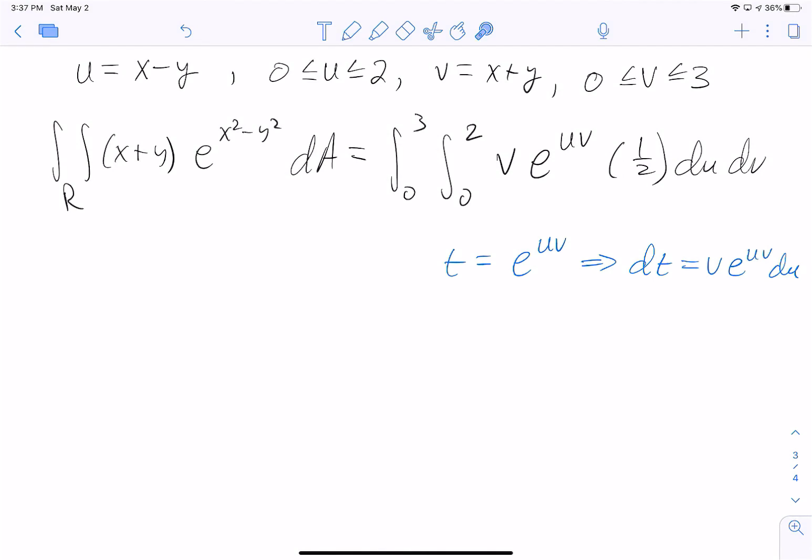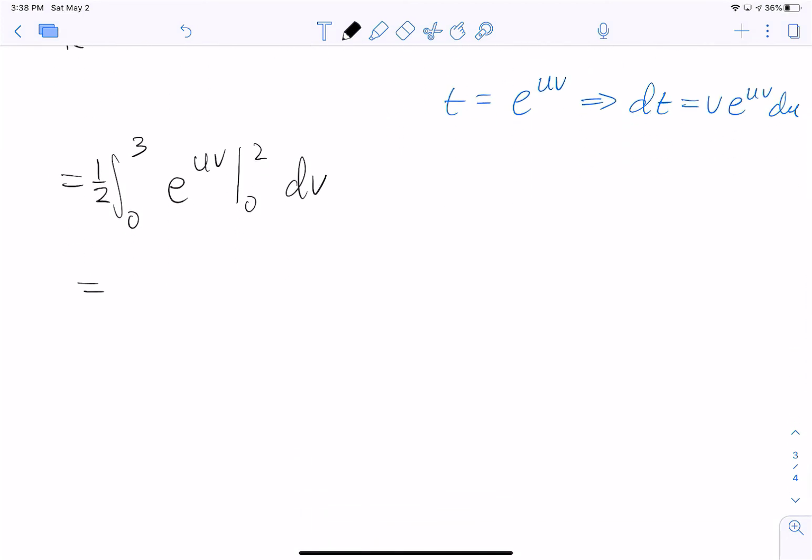So we may have thought we needed integration by parts here, but it turns out that the factor of v is part of our dt in this case. Usually we call it du, but we're already using u. So I can integrate with respect to u and end up with the integral from 0 to 3 of, I'll put the 1/2 out front, e to the uv evaluated from 0 to 2 dv.